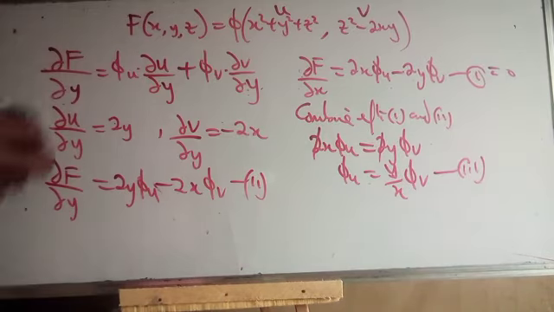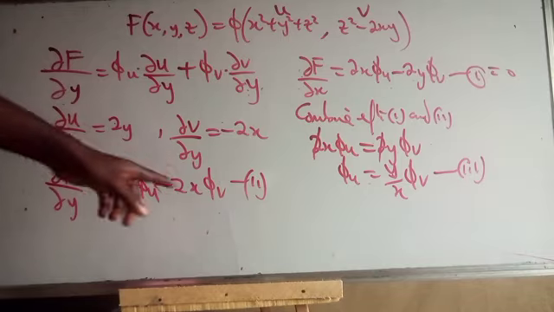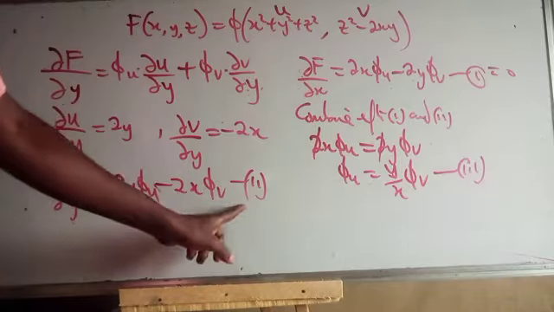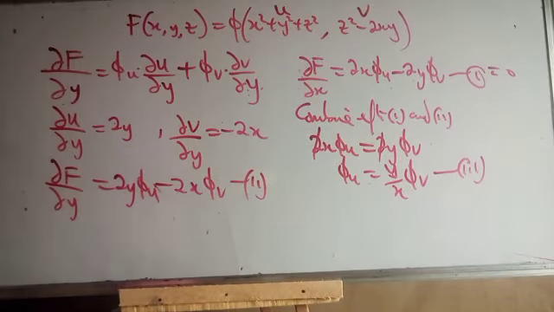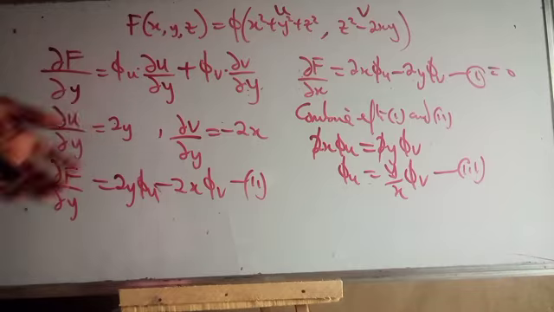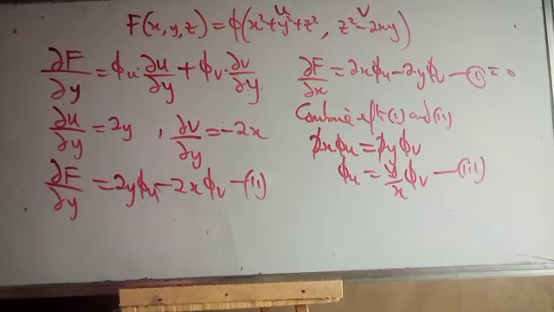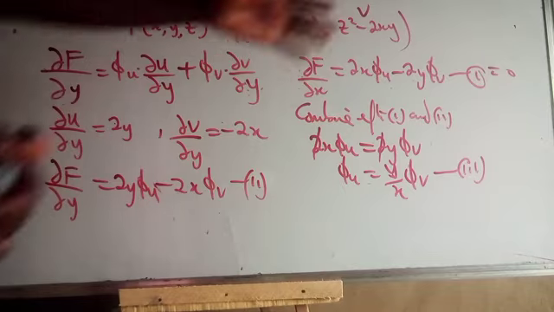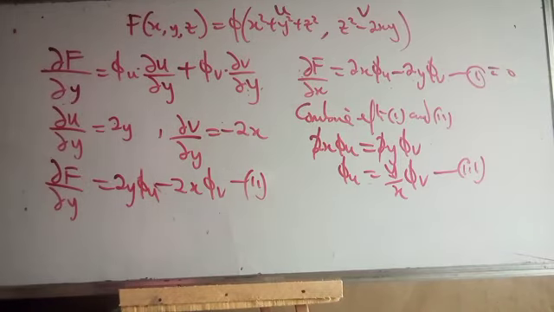Are we following? Now I want to bring them together. I've gotten equation 1 to be this, and equation 2 to be this. I want to get the value of phi u because that is what I want to remove. I don't want any values of phi again. Since I'm trying to combine equation 1 and 2, I've got what we call simultaneous equations.